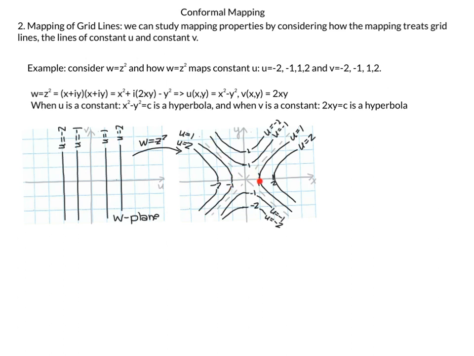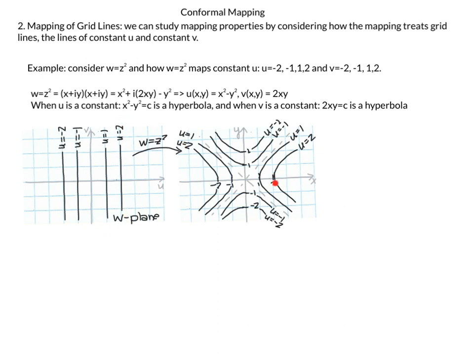It crosses the x-axis at 1 and negative 1. I labeled this curve u equals 1 to show that it came from the u equals 1 line. When I do u equals 2, I get this hyperbola here, which hits the x-axis at 2 and negative 2, and this other half of the hyperbola. Again, I labeled them u equals 2 to indicate they come from the line u equals 2.